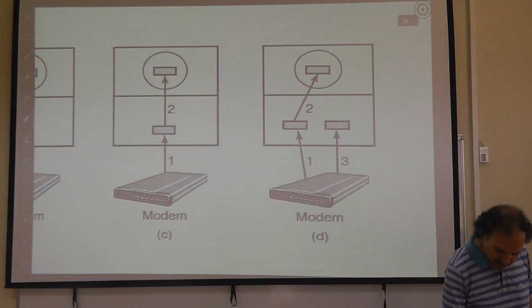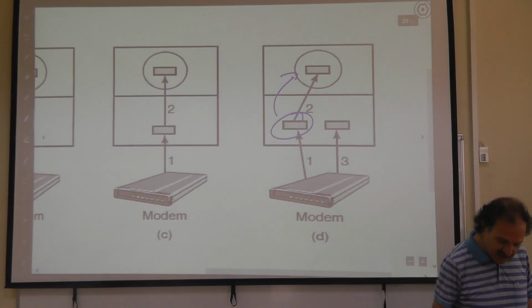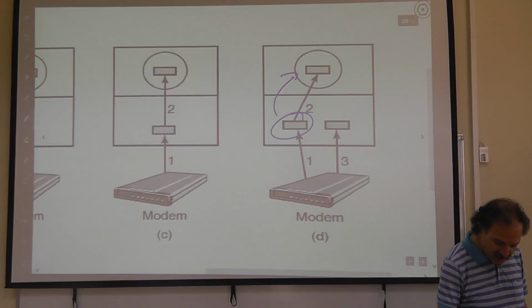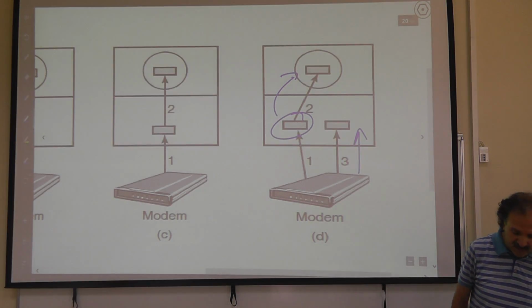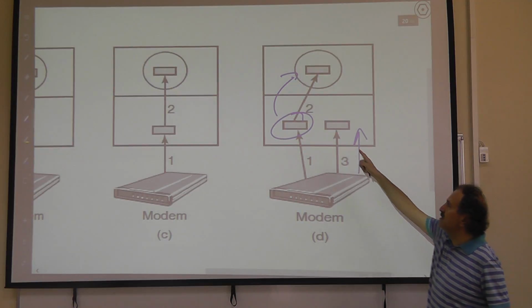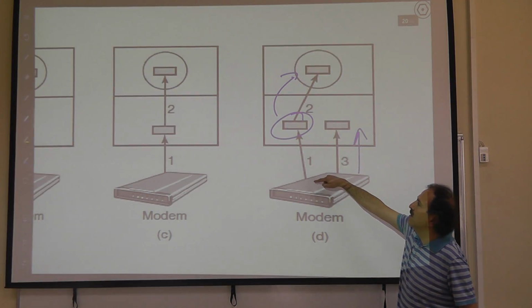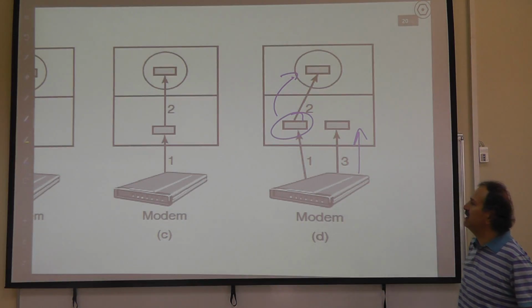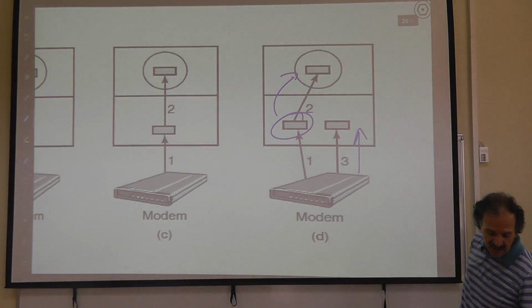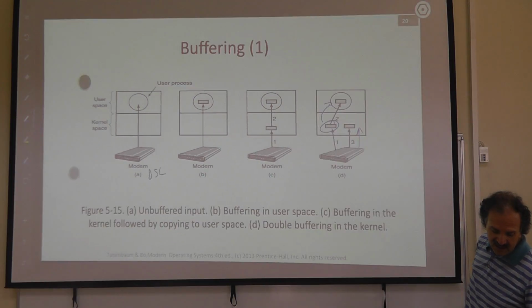When this buffer is full, while you are copying it to the user space, the modem keeps writing to this second buffer, the double buffer. When this one is full, this one is copied, and this one takes the data from the modem. So these are some buffering scenarios.